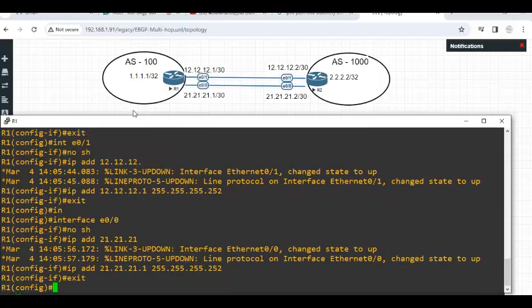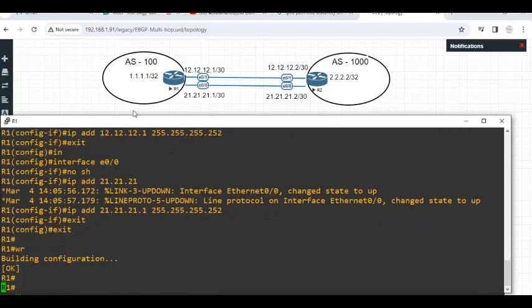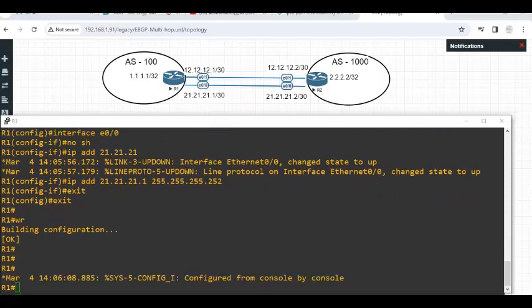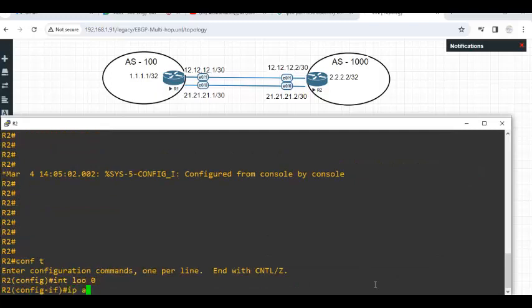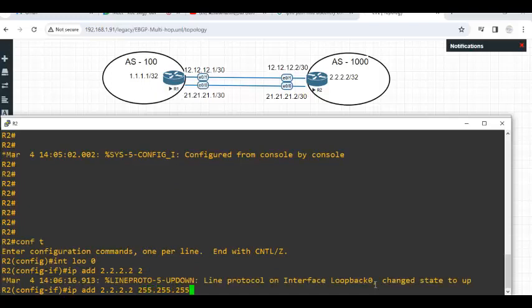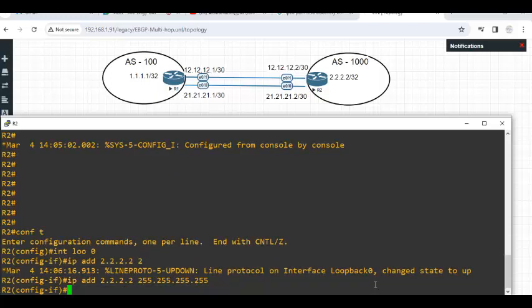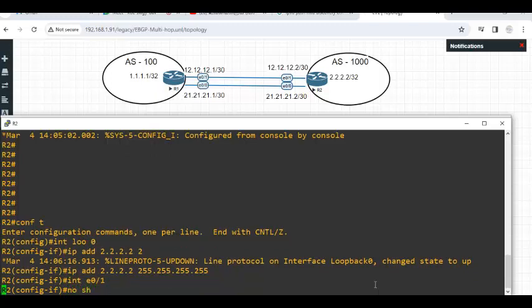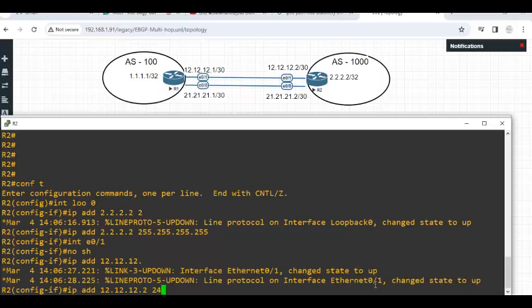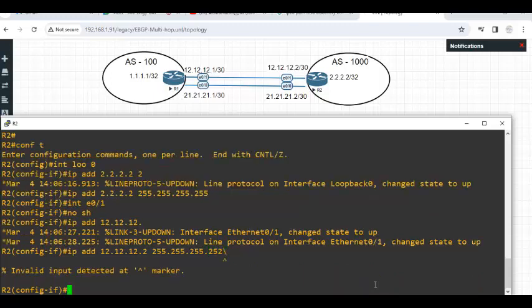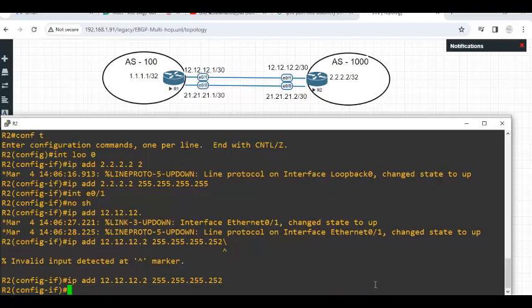And on the other router, you know why I put 252? Because it's a slash 30.